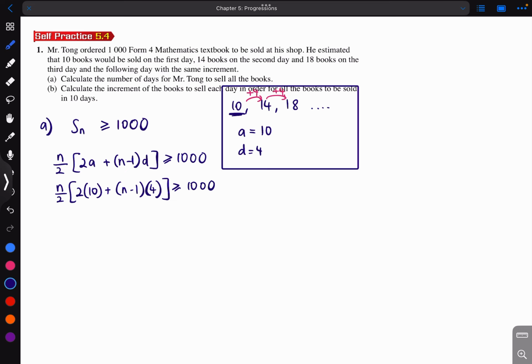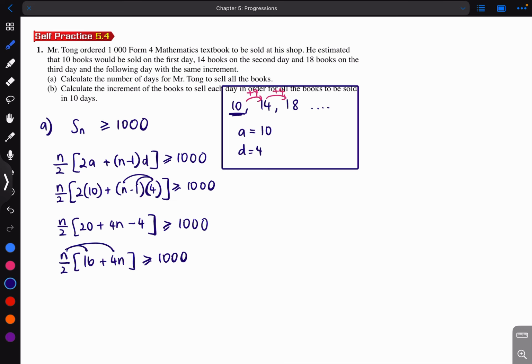Then we try to expand. 2 times 10 is 20, 4 times n is 4n, minus 4. Then 20 minus 4 is 16. So n over 2, 16 plus 4n, more than 1,000. Then we expand. So n over 2 times 16 is 8n. Here we'll get 4n square over 2, which is 2n square.